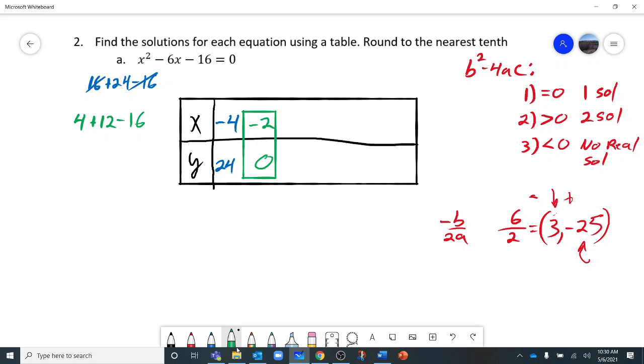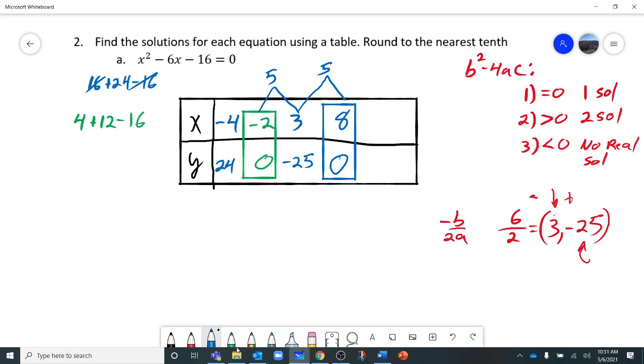So it will be at positive 8. Okay, so I know that 3 is negative 25. The difference from here to here is 5. And so because it's symmetrical, the distance from here to here is going to be 5. Our next place where we are going to hit a 0 is at 8.